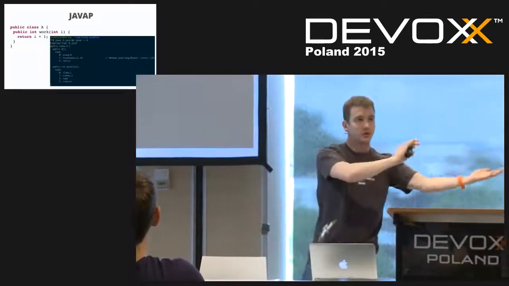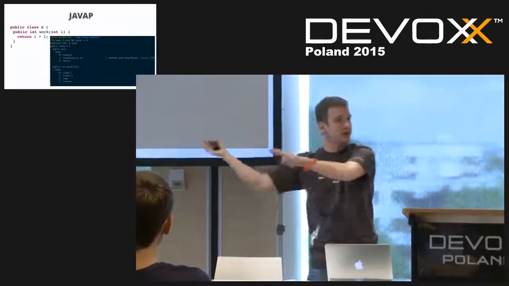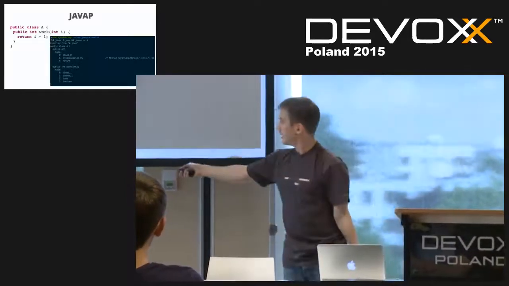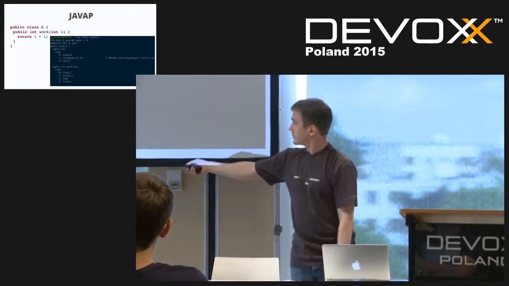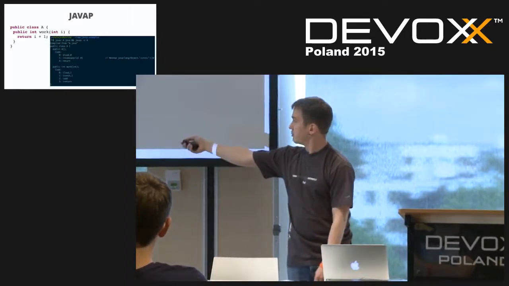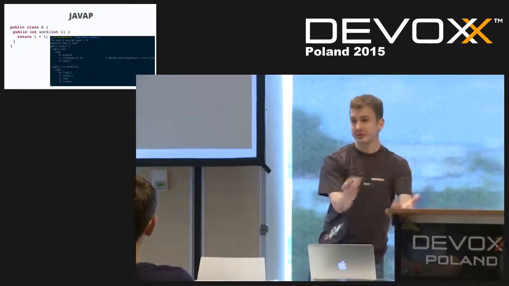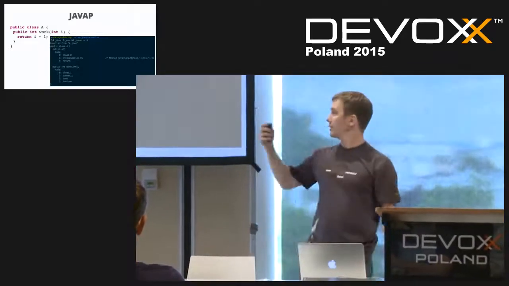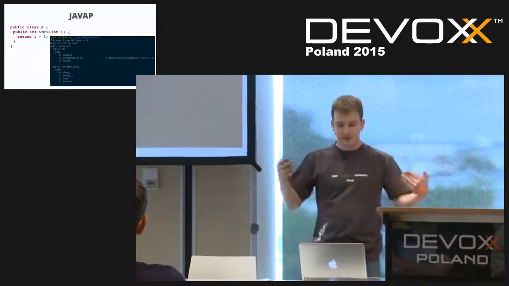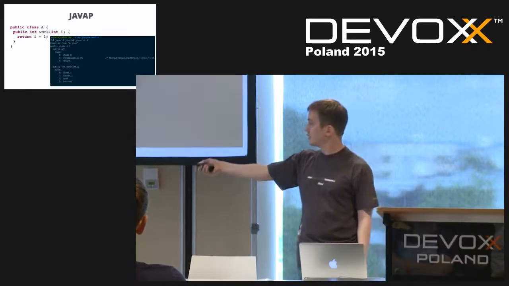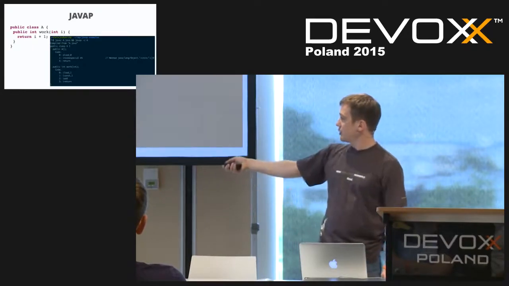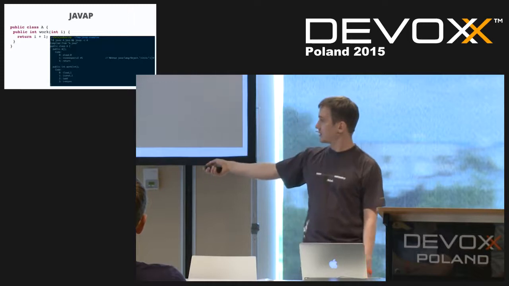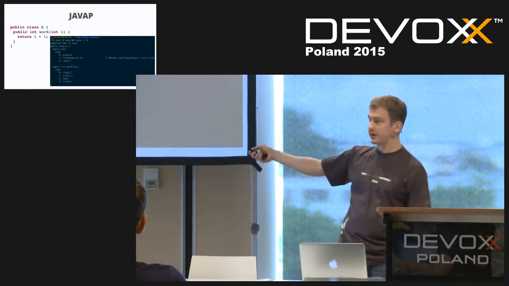So loads go from locals onto the stack, stores go from the stack to the local variables. And we load the first one, and this is the int. Index 0 will naturally reference this, and index 1 will be the first parameter. Then we load the constant 1 on the stack.